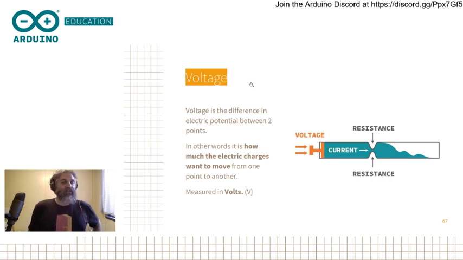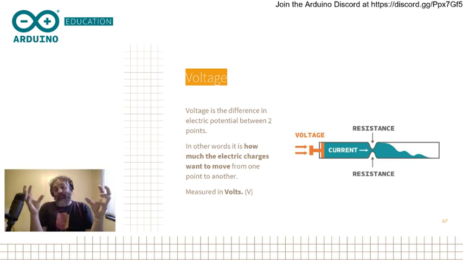It says voltage is the difference in electric potential between 2 points. And this is very hard to explain with a picture. But the idea is that the voltage will be, in a way, symbolizing the difference in the amount of electrons between one part of the space and the other part of the space. And those electrons will generate electric charge in that part of the space.